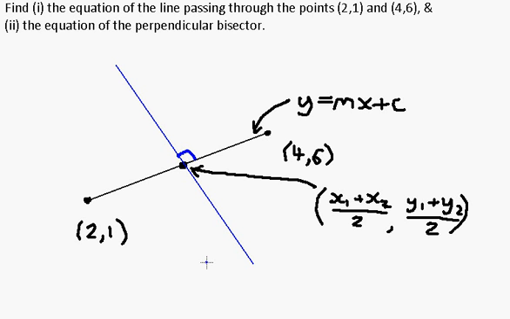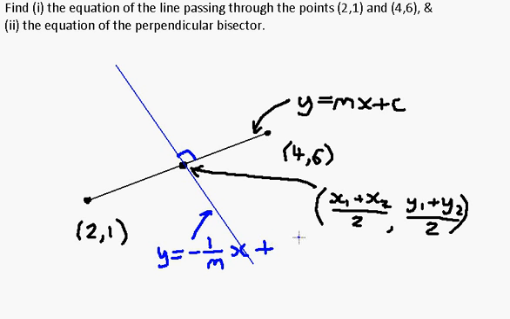The equation of this line will be of the form y equals the negative reciprocal of our original gradient, plus capital C. Reciprocal means 1 over the gradient, negative obviously means minus.